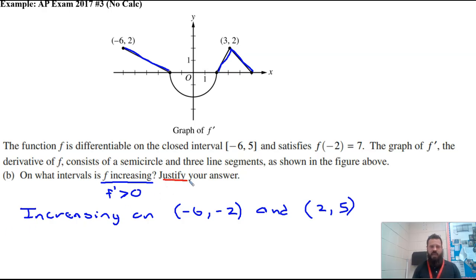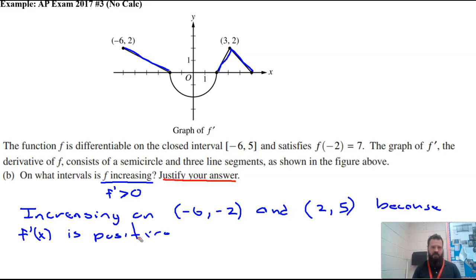Now notice here we have this justify your answer. So in other words, explain in terms of calculus why we know it's increasing on those intervals. Okay, so we'll say it's increasing on these two intervals because we can say that f prime of x, the derivative, is positive. Actually, I lied. I don't want to say is positive.